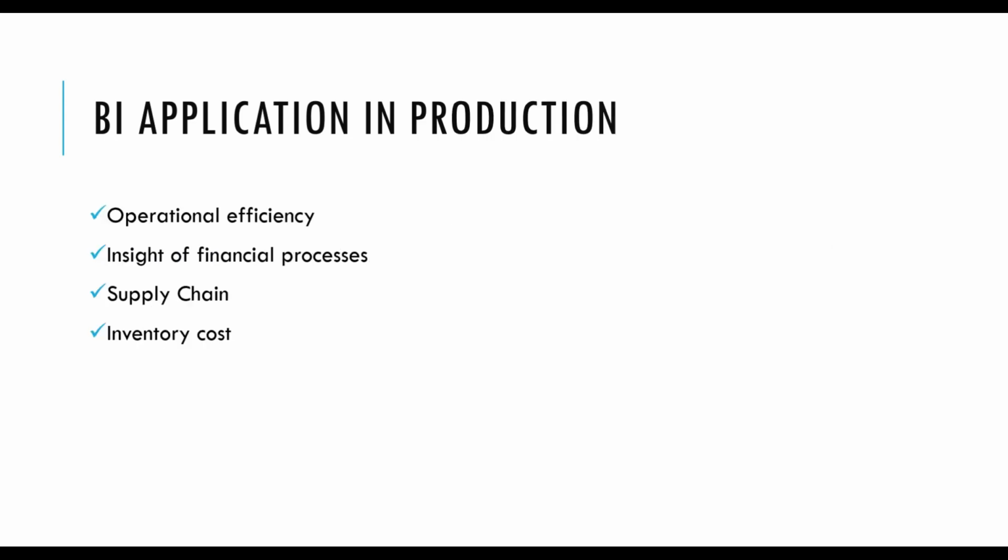So next, the business intelligence application in production. What can business intelligence do for production or manufacturing operations? It improves operational efficiency. Today's organizations generate enormous volumes of data, but not all of this data is useful.